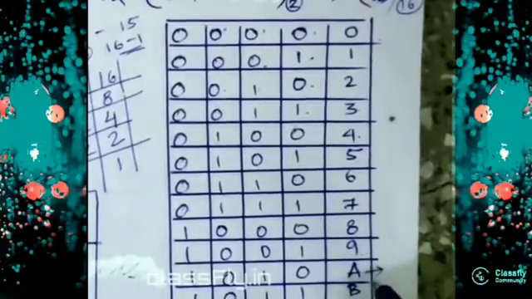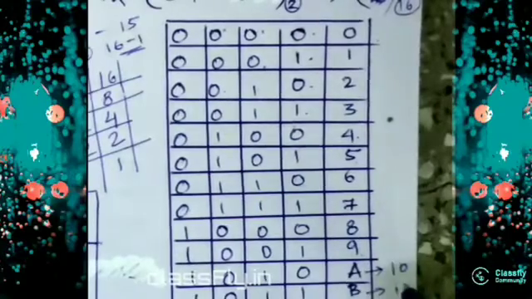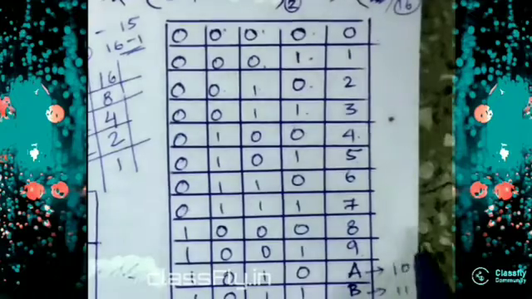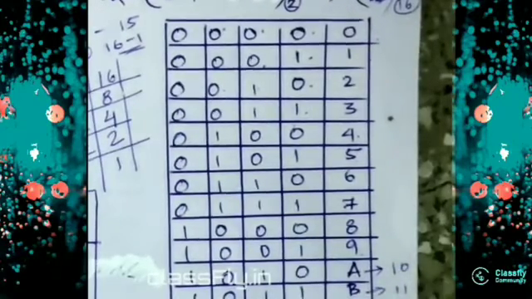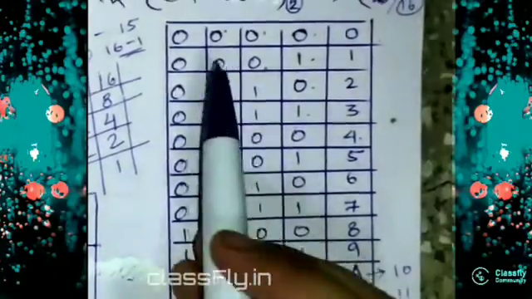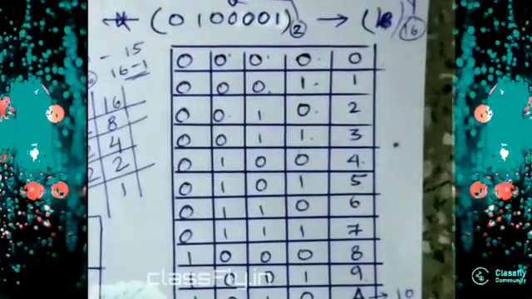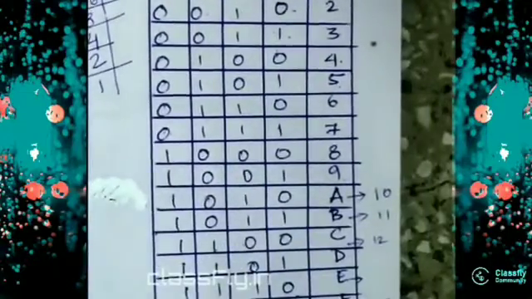But we can't denote the rows as 10, 11 or 12. We will give them alphabets, that is A, B, C, D, E, F, and it will go till 15.